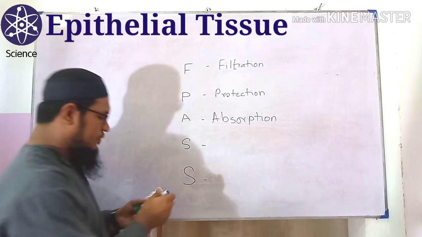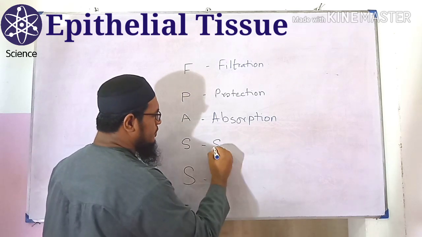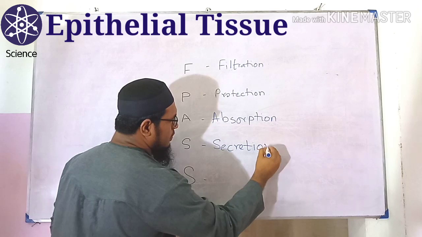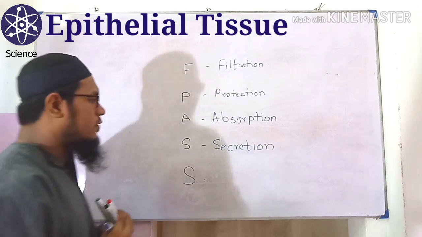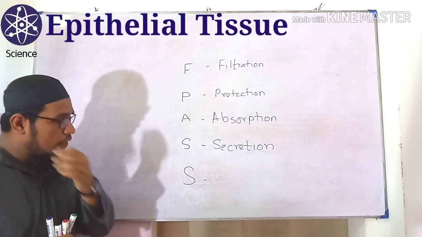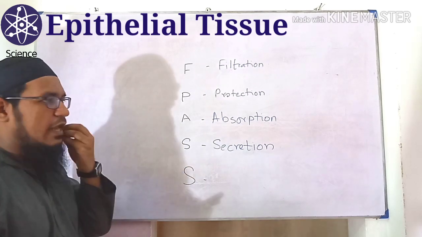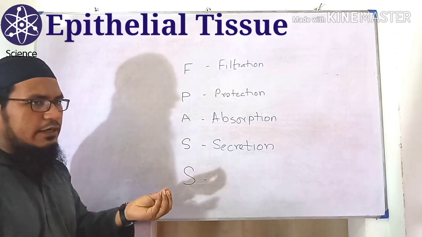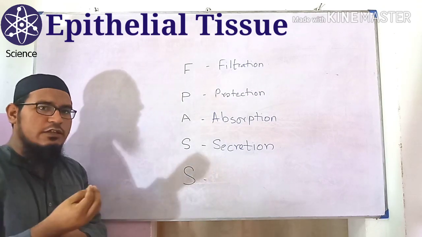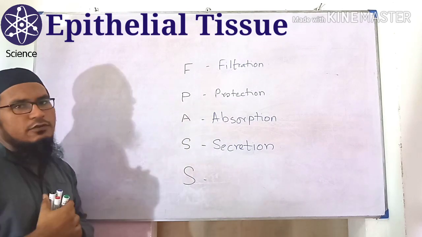Next one, secretion. We know that the glands, for example the salivary gland, secrete saliva, and in the stomach we have the gastric juices, which are secreted into the stomach.